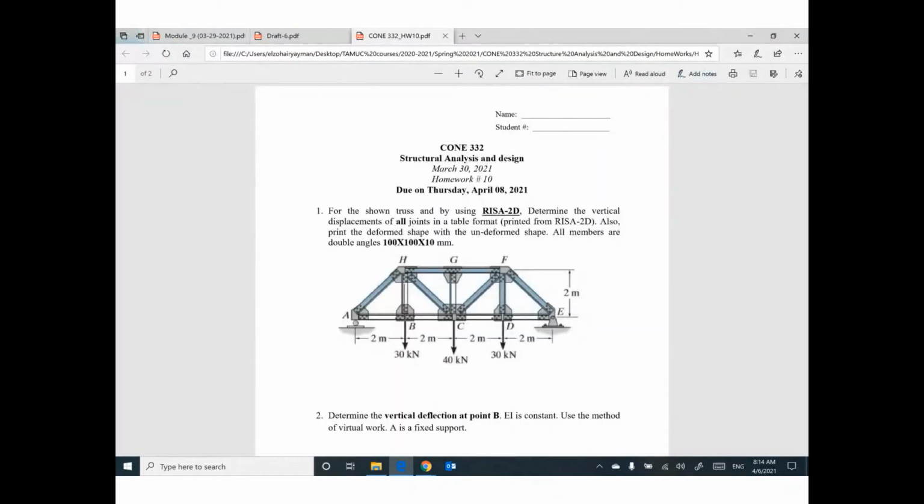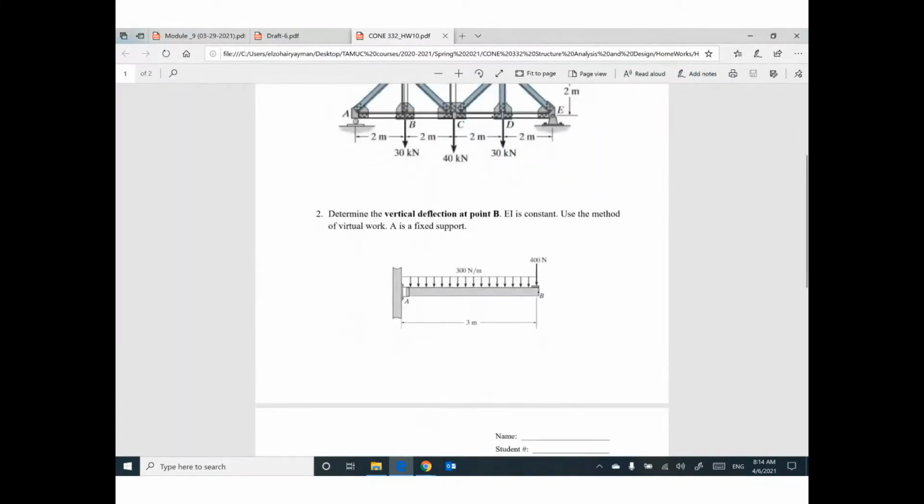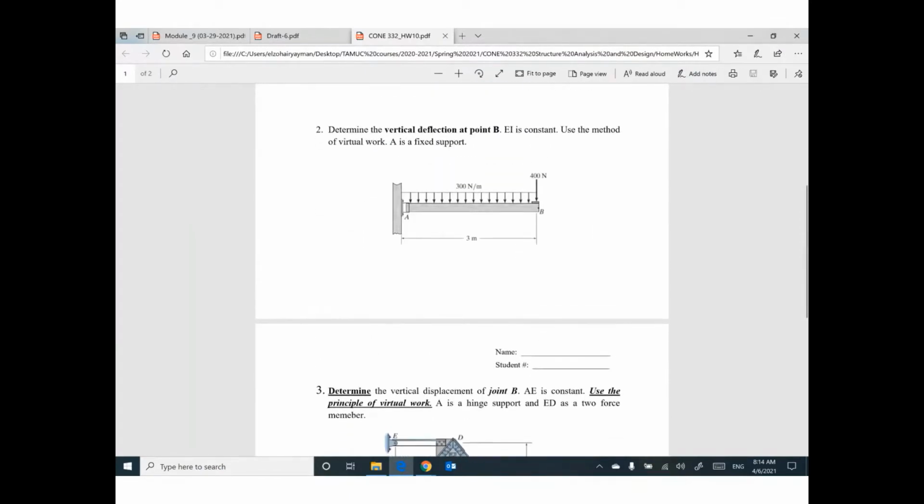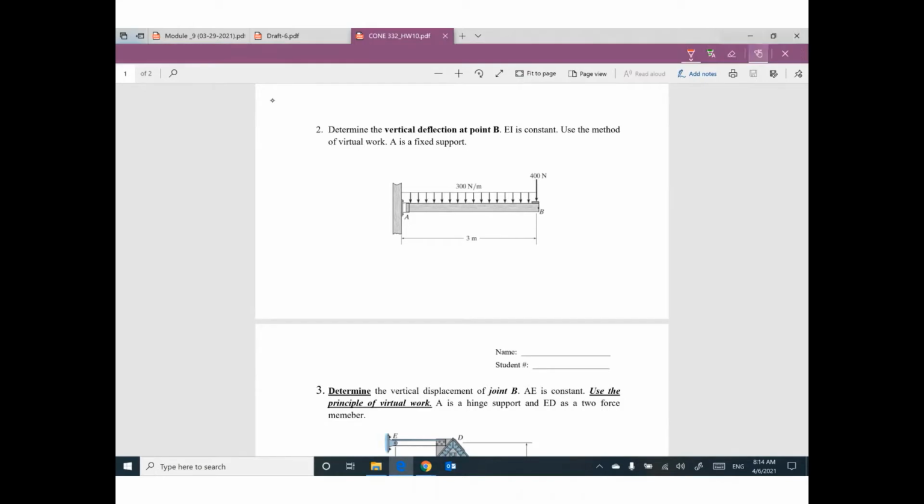No, it was somewhere number 10. Okay, question number 2, I believe. Yeah. So how would we treat that 400 N on the M naught? Do we do it together or separate?